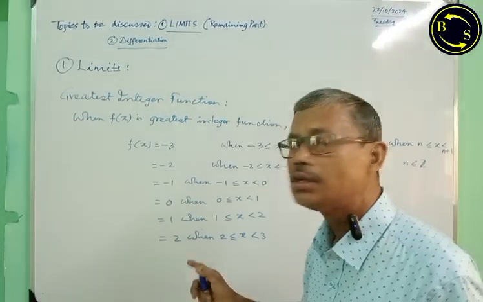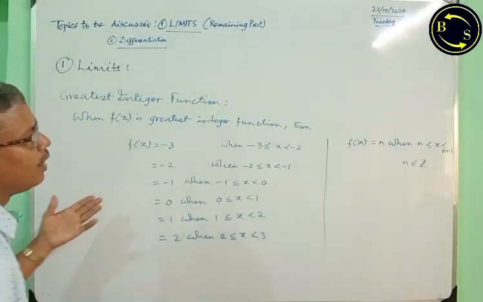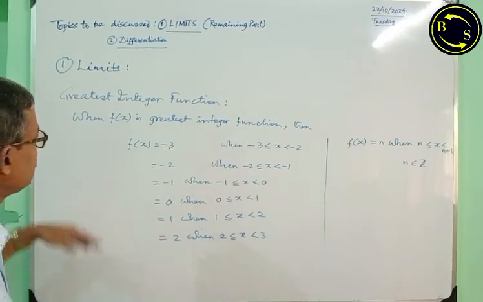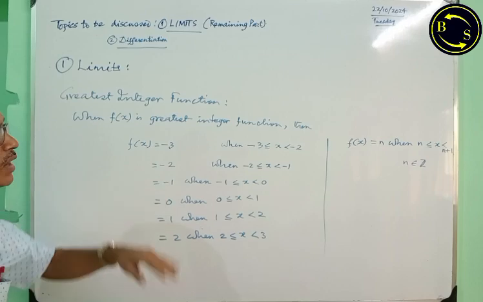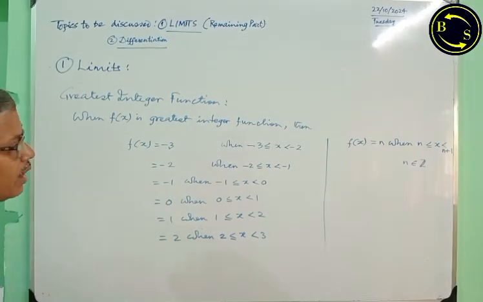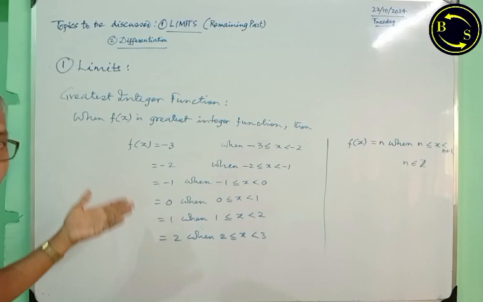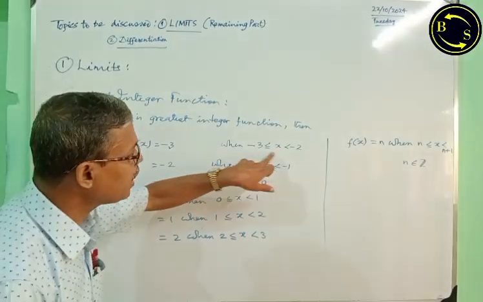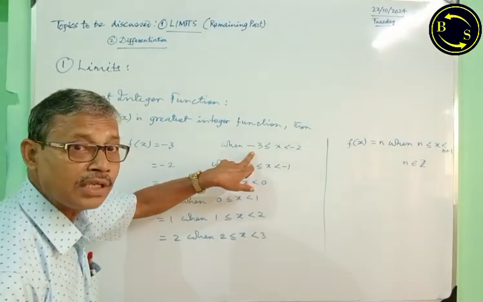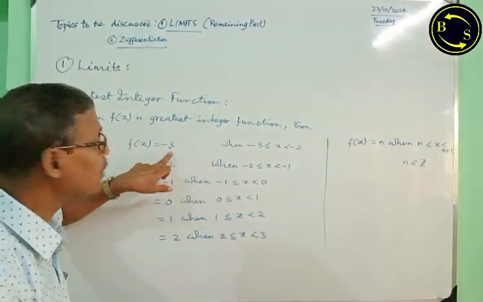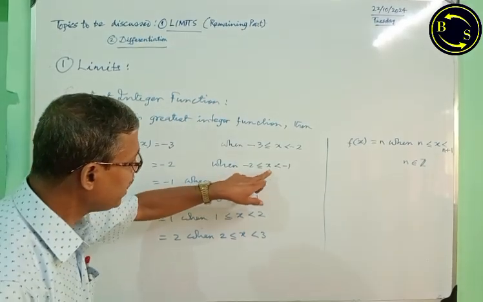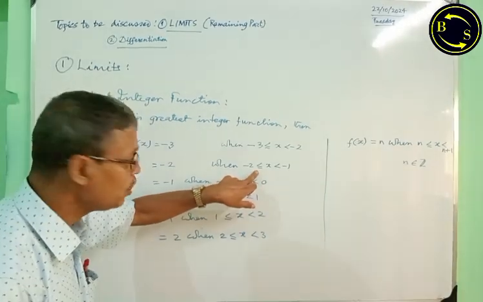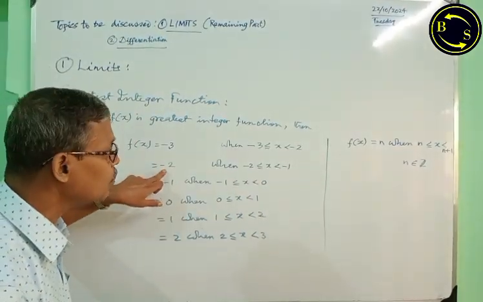Before discussing the next sum, I first define the greatest integer function. If f(x) be a greatest integer function, then the values of f(x) will be like this. If x lies between -3 and -2, including -3, then f(x) will have the value -3. When x is lying between -2 and -1, including -2, then the value will be -2.